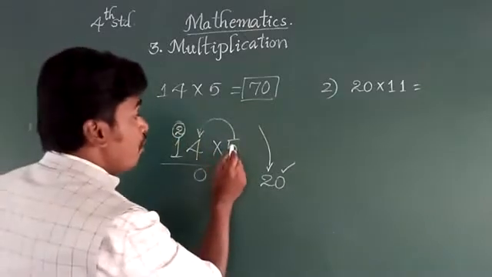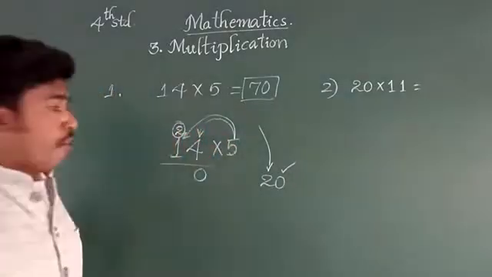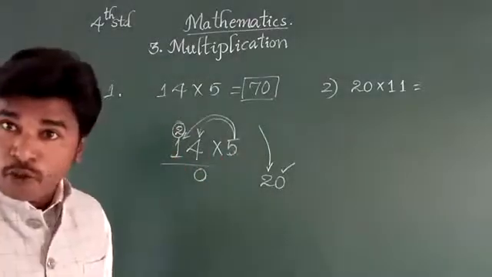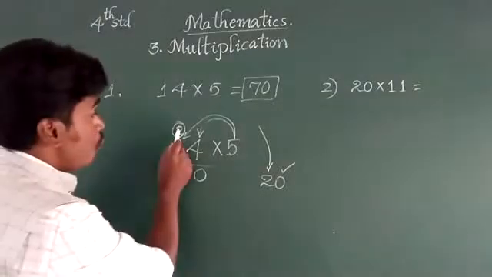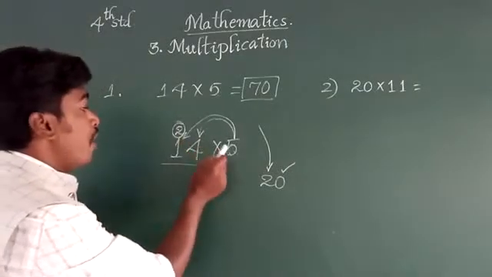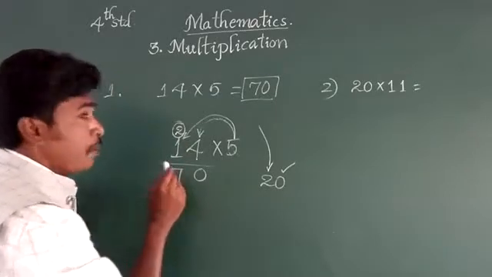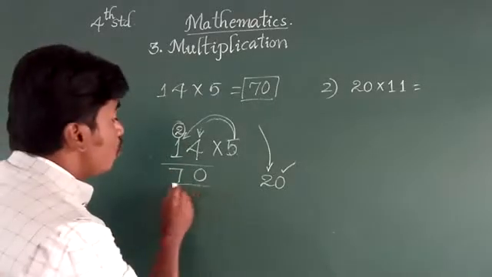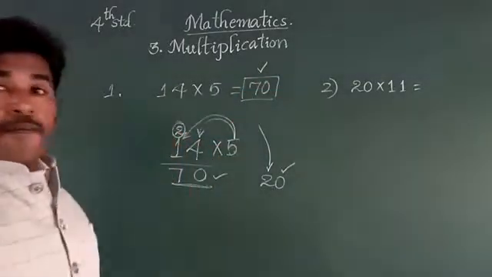Now you multiply 5 to 1. 5 into 1, 5 ones, 5 only. So 5 plus 2, you need to add this given carry. 5 plus 2 is 7. What is the answer you got? You got 70 only. Directly also you got the same answer.